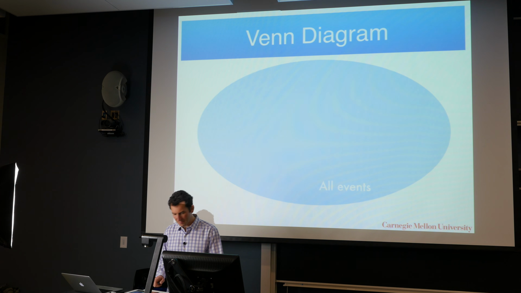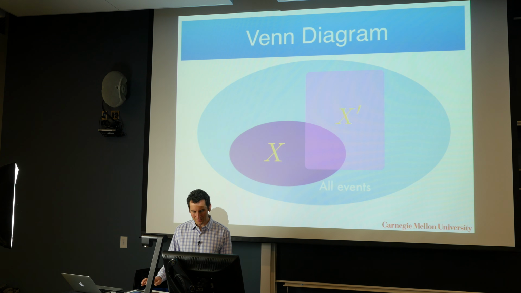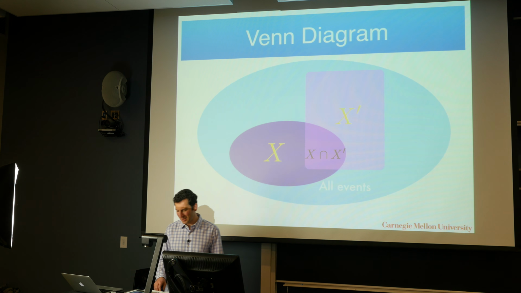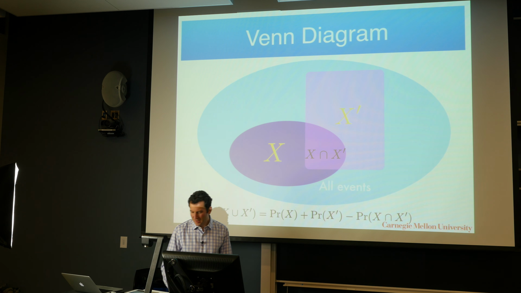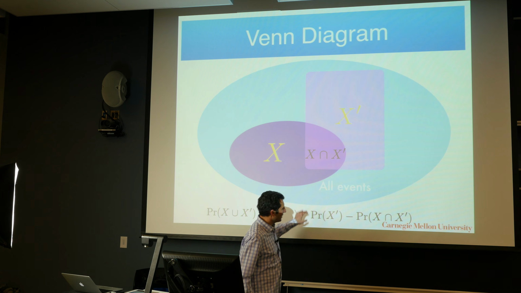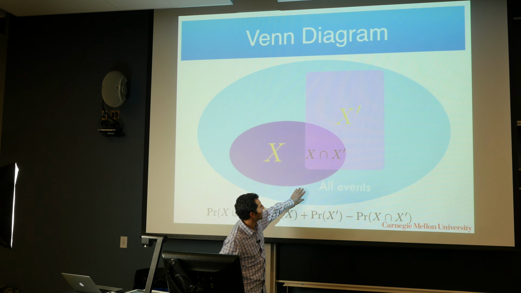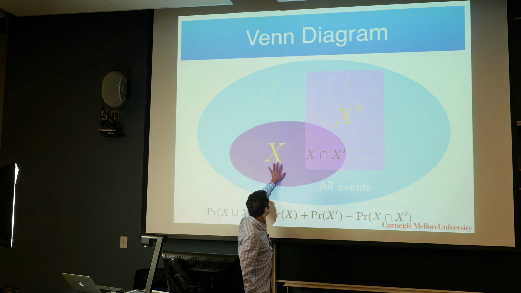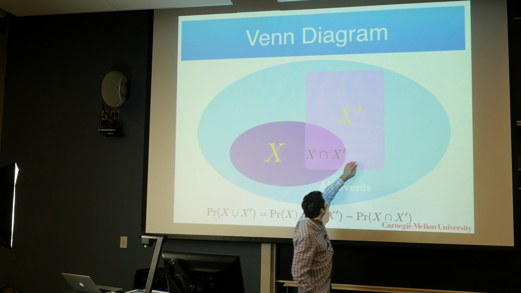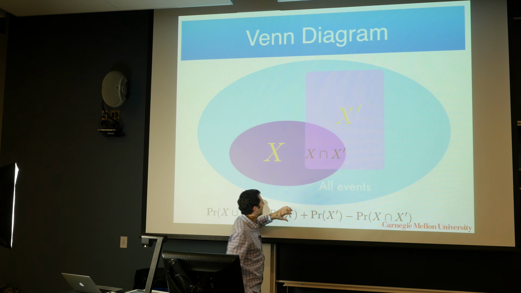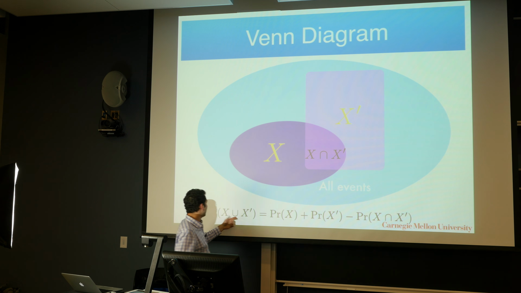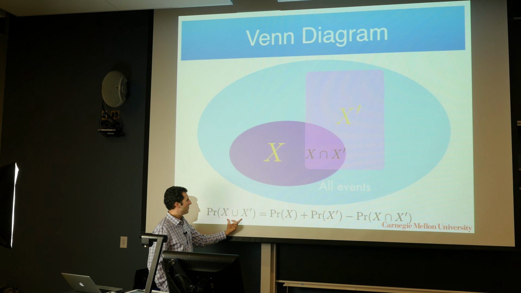So then let's do something very simple, and this is sometimes useful if you want to look at intersections and all that kind of stuff. This is called a Venn diagram. If you never heard of it before, well, there it is. It's basically a space of all events. The outcome x, the outcome x prime. And if I want to ask, what's the probability of the union of x and x prime?